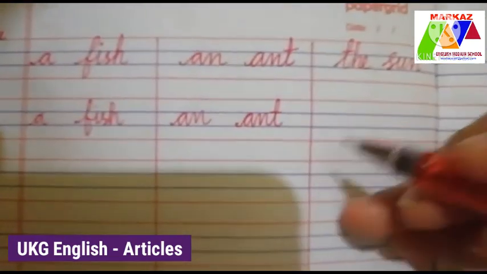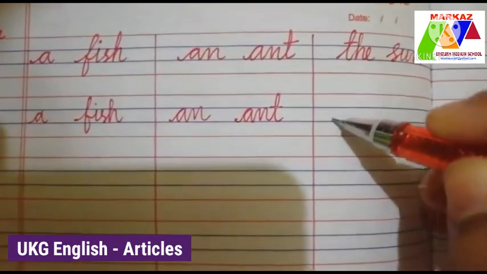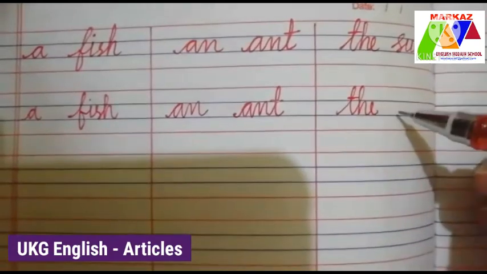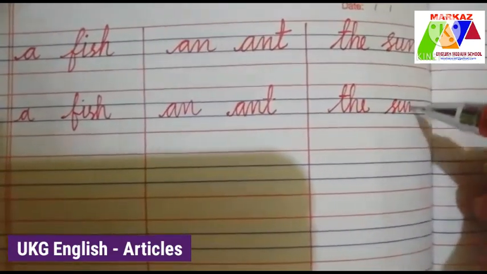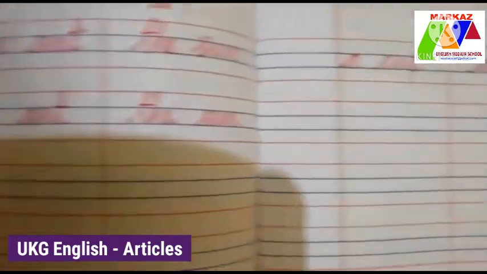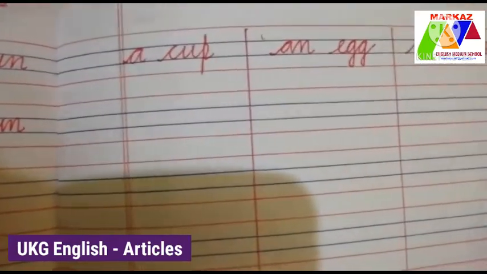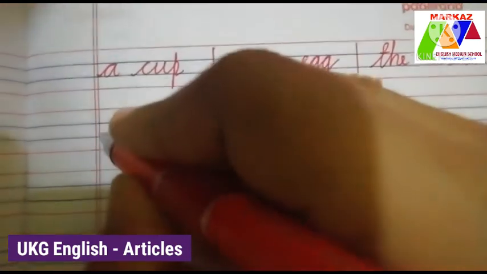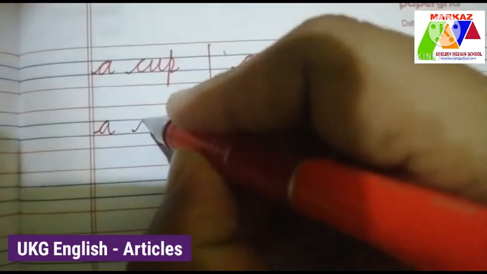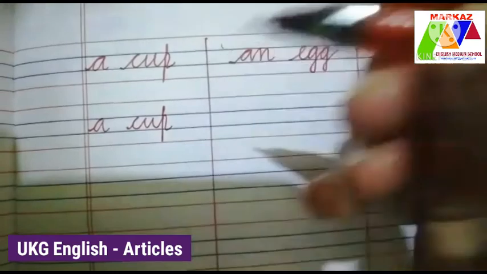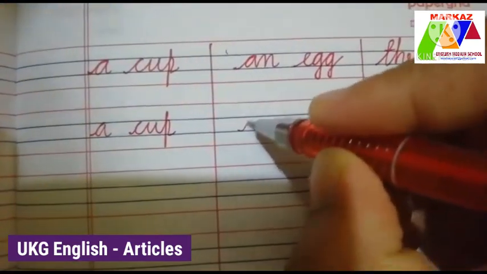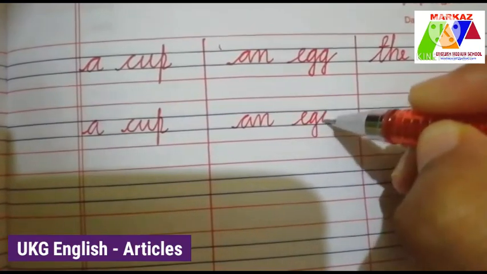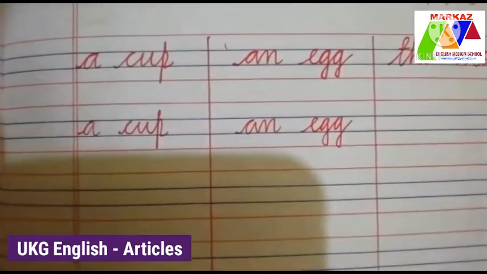Then the sun. The next page, again put on date, then write down a cup. Then an egg. Then the moon.